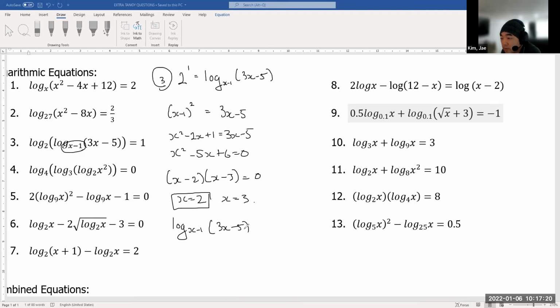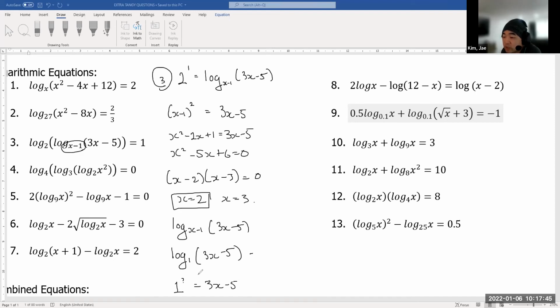That's also okay. However, if you plugged in a 2 as a base, we would have a log of base 1, 3x minus 5. And you can't have a base of 1. It doesn't make any sense. Because if you were to change this into an exponent, that's like saying 1 to the power of something gave me 3x minus 5. Right?